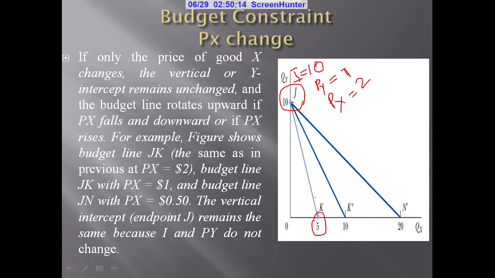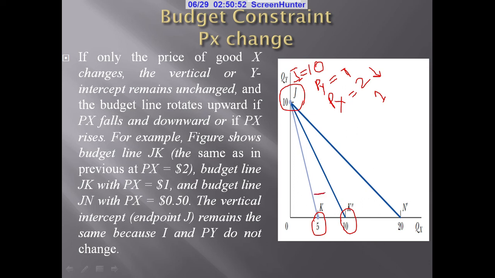If the price of X decreases from 2 to $1, now the individual is able to purchase 10 units of X if he spends all of his income on the consumption of commodity X. The maximum units that the individual can buy with the given income equals 10 units.